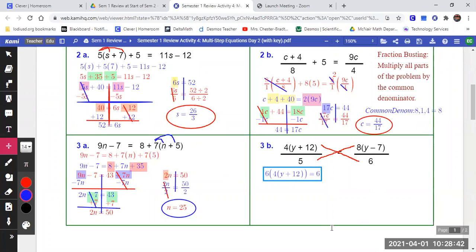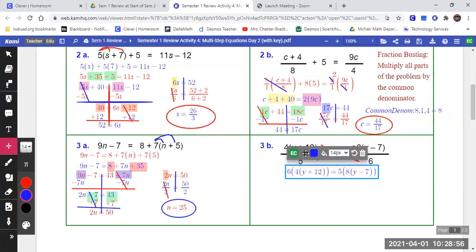Equaling the 5 times the 8 times the y minus 7. Okay, so we cross multiplied so that we got rid of the fraction. Because even I like math and I'm not a big fan of fractions. Don't feel bad.